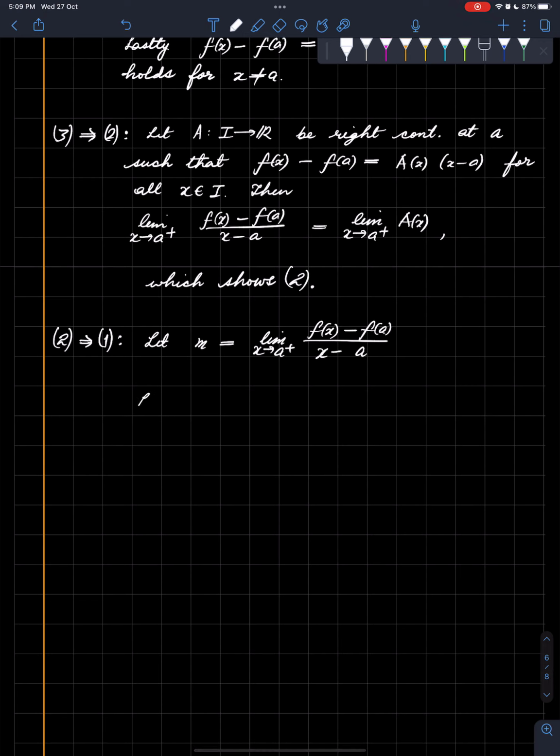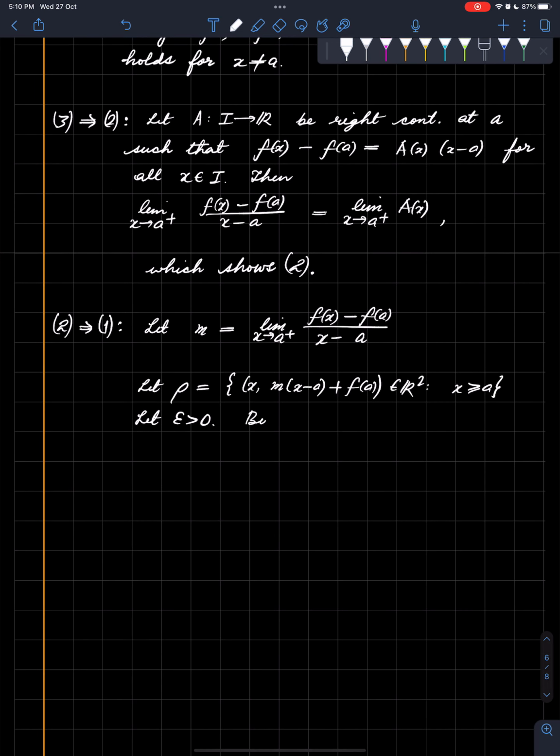So let rho be the ray with slope m starting at (a, f(a)). So what we want to show is that if we take epsilon greater than 0, then there is a delta greater than 0 such that the graph above (a, a plus delta) is contained in the epsilon cone about this right ray.